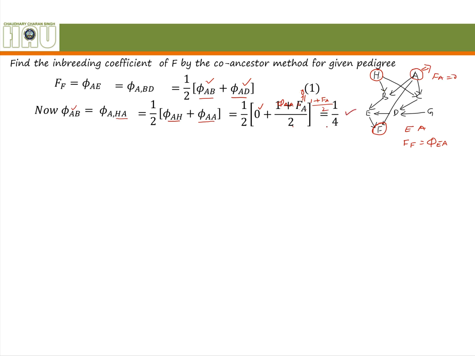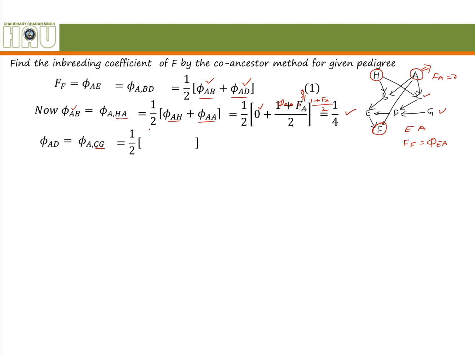Now I will take the second term, phi AD. Since A has no information about his parents, but D has two parents, C and G, I substitute C and G here.